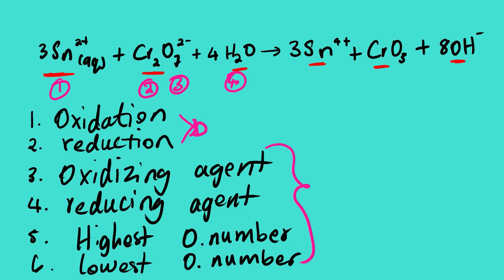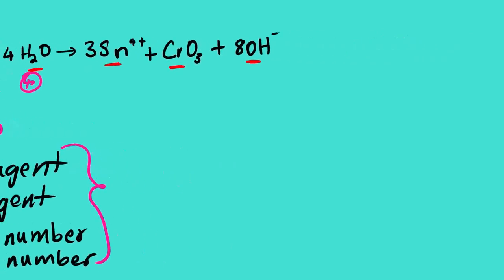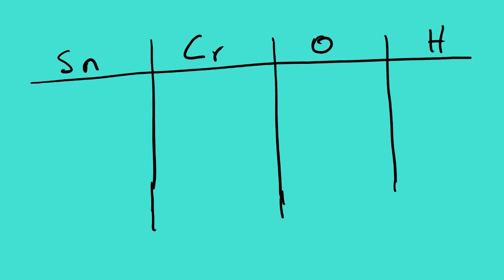So the first thing that we're going to do, we are simply going to tabulate, create a table. Before we can answer any question, let us determine elements which undergo oxidation, reduction, reducing agents, oxidizing agent. In order for us to determine which one undergoes oxidation, which one undergoes reduction, we are going to use the oxidation numbers.